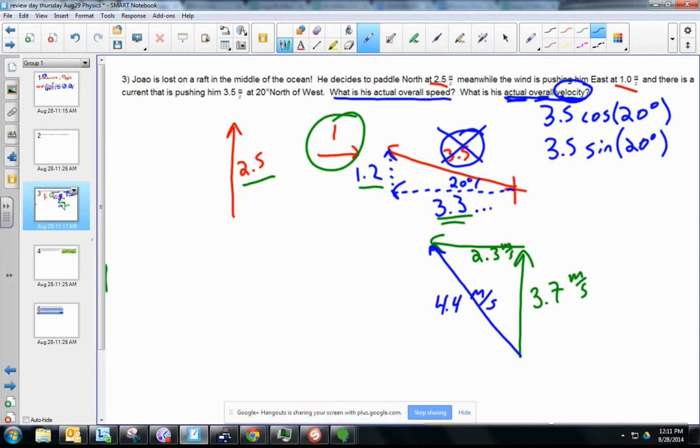But it's asking for velocity, and in your vocab, you know that speed does not include direction, where velocity does include direction. So we need to put the angle in here. This angle, as I've drawn it, is going this direction from the compass line, and so we would say west of north. If you drew the triangle the other way, you could have north of west instead, but you'd have a different angle. So we're going to arctan.